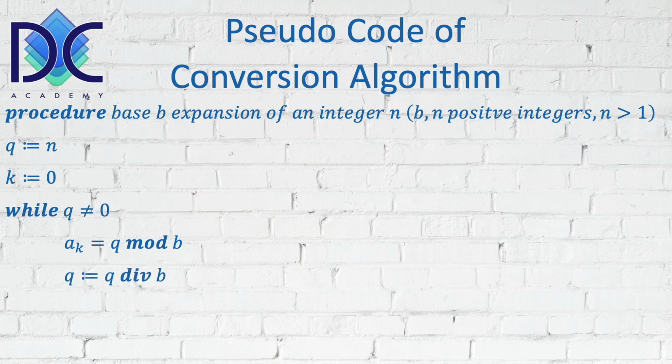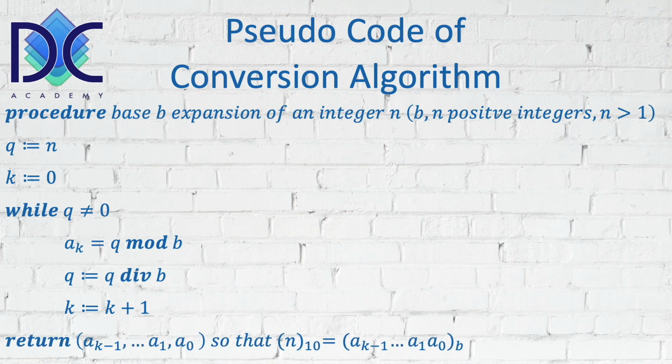Then we say q is q divided by b. So now we find the remainder and the quotient, and we add one to k, and we continue the loop.